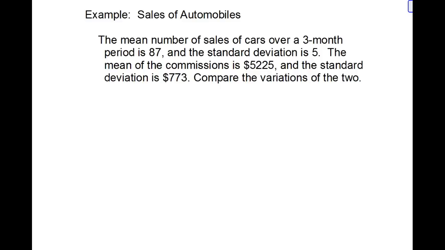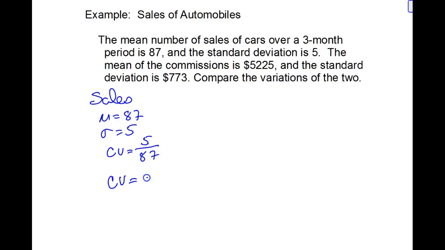First, I'm going to look at the sales. We have a mean of 87 and a standard deviation of 5. So for my coefficient of variation, I take 5 and divide it by 87, which gives 0.057, or 57 thousandths. Usually, we tend to round to 3 decimal places for this.